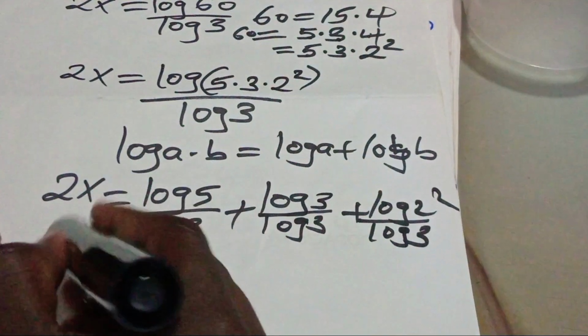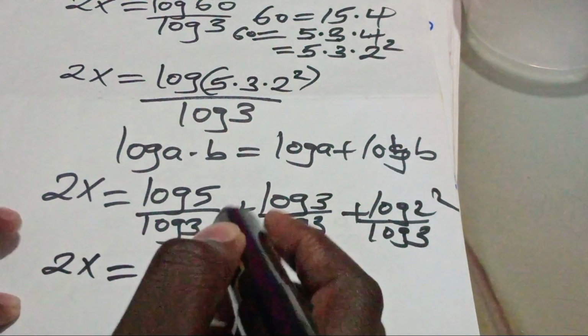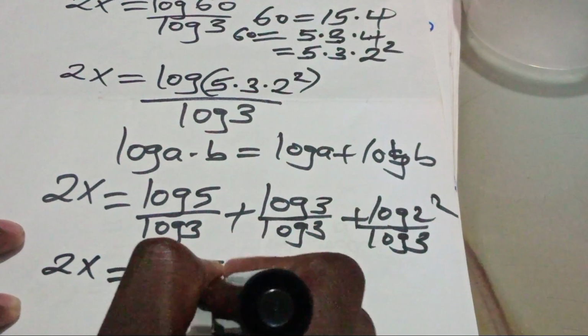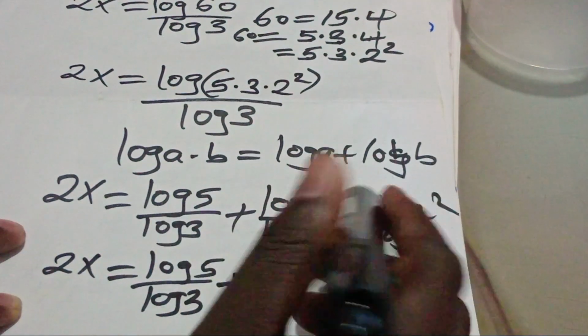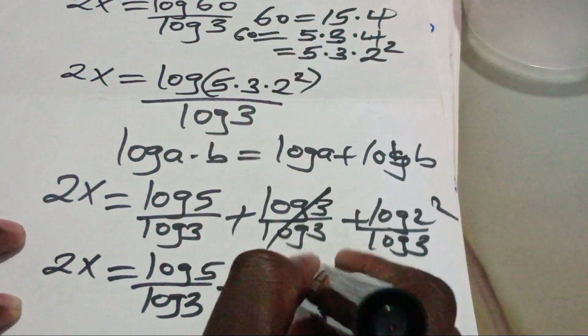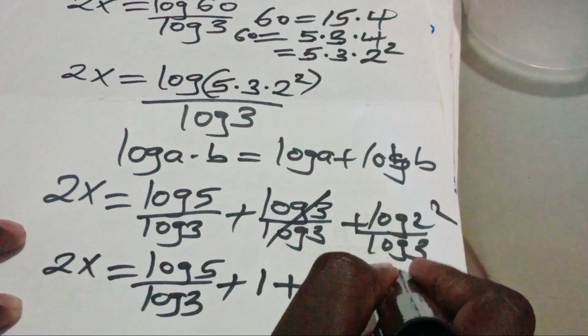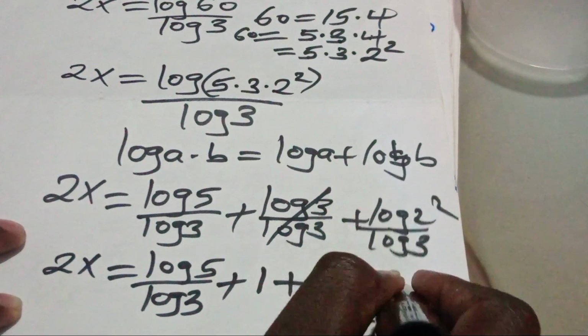Now from what we have here, we have 2x is equal to log 5 divided by log 3 plus log 3 and log 3 simplifies, so you'll have plus 1 plus log 2 to power 2 becomes 2 log 2 divided by log 3.